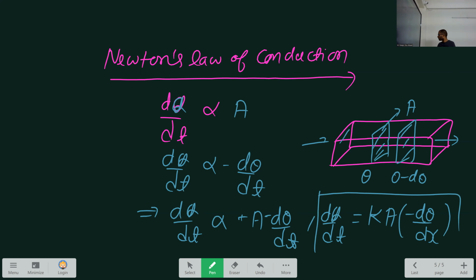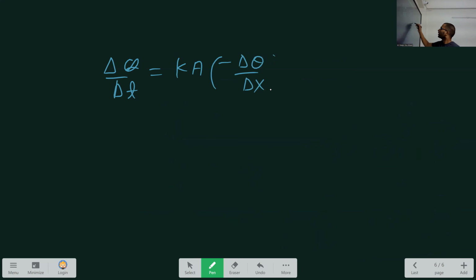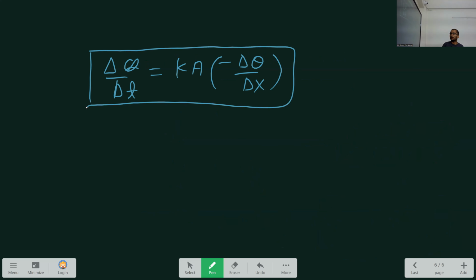This is for the instantaneous rate of heat flow. For the average value of heat flow, you can write delta q by delta t is K A minus delta theta by delta x. This is our rate of heat flow.